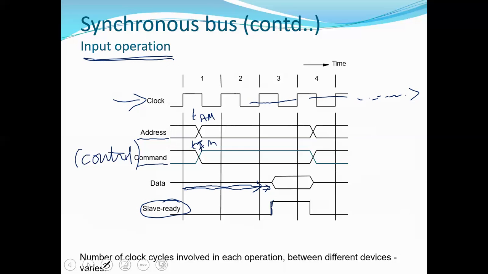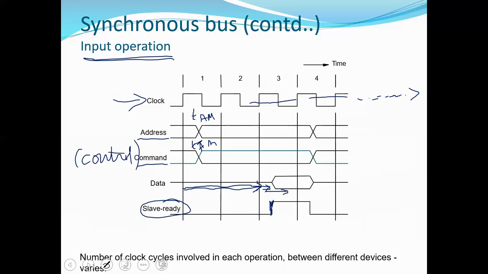The slave ready signal goes up, meaning the slave is ready to put the data on the data bus. It starts putting the data on the data bus with the slave ready signal up. This is an indication to the master that the data is present on the data bus. The data is read by the master, and that is the end of this operation.